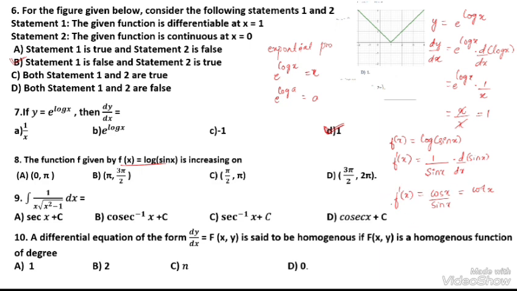We know that f dash of x is equals to 0, that is cot x is equals to 0. Then I will take x equals cot inverse of 0. Okay, where the cot function is present? The cot function is present in the third quadrant. Here 0 to pi by 2 is 90 degree, here 180, this is 3 pi by 2, 270 degree.